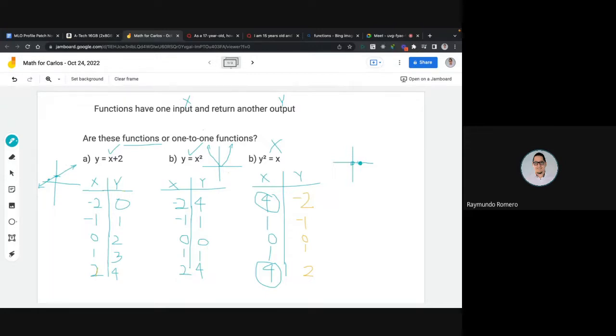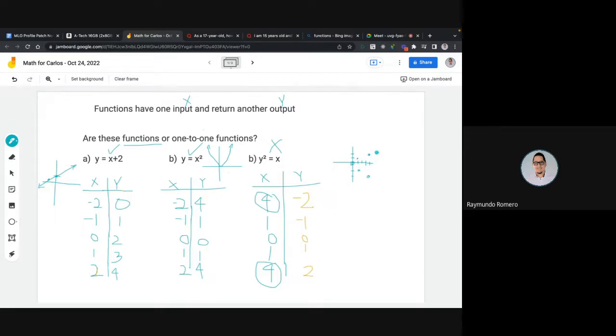Say 1, 2, 3, 4, and then go up 2 and down 2. So there's going to be 4 here, 1 here, and then another one over here. And then 1 and positive 1, and then 1 and negative 1.